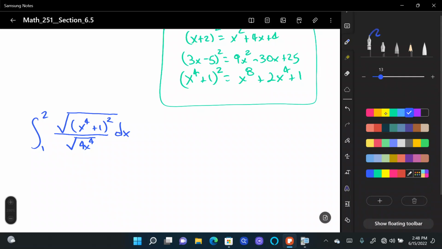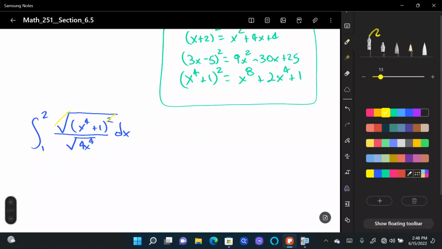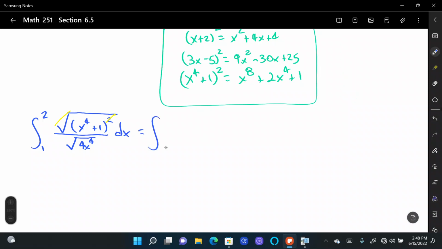This is really nice because we cancel the radical with the power, and in the numerator we get the integral from 1 to 2 x to the fourth plus 1, and in the denominator the square root of 4, which is 2, and the square root of x to the fourth power, what is that? X to what power? X to the second. See how simple this integral is now?